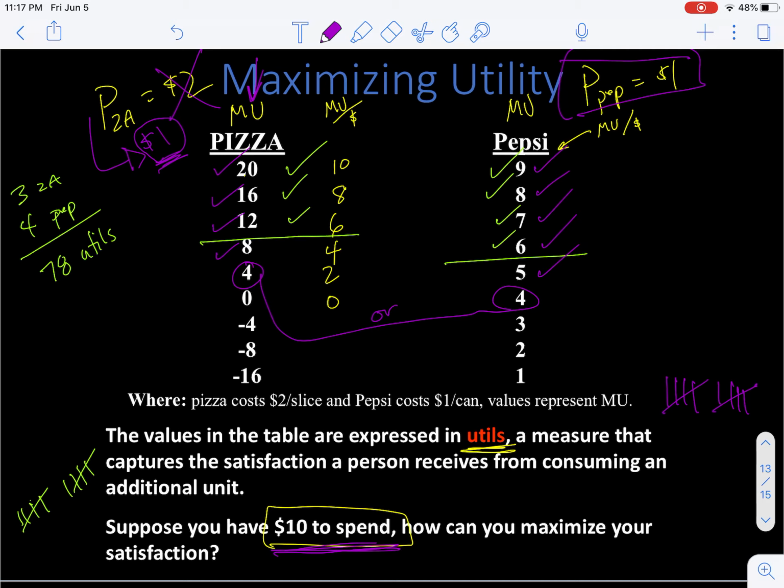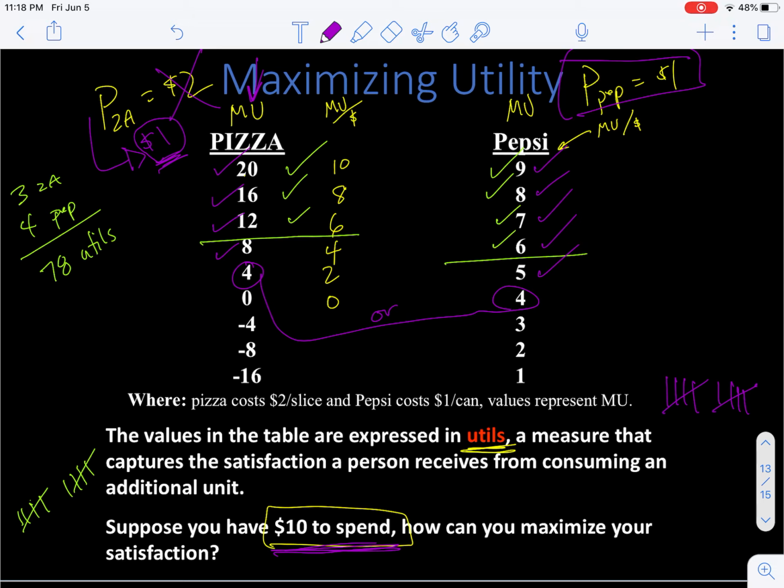Sometimes our consumption is lumpy, and so there are trade-offs. You can't go to the pizza shop and ask them for half a slice and see how that works out for you, right? They're not going to sell you half a slice. So we're not exactly at the equal marginal utility per dollar, but we're pretty close.